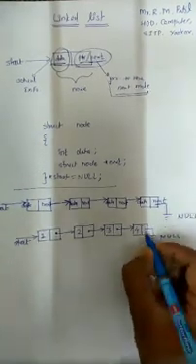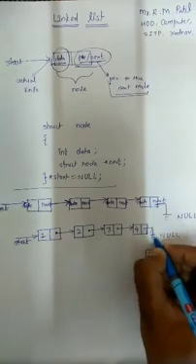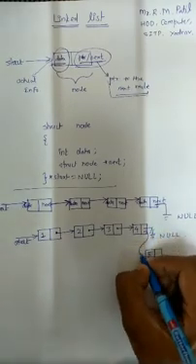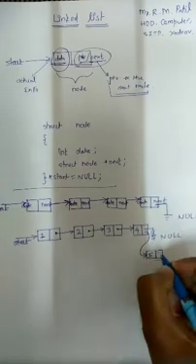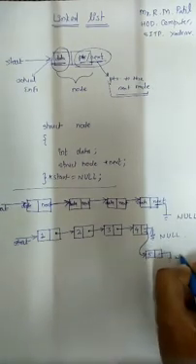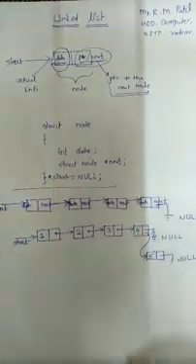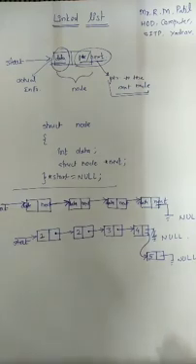In that case, we can directly remove the null from here. We can store the address of the fifth node into the fourth node, and finally we can consider it as null. It means that we can add elements into the linked list, we can delete elements, n number of operations we can perform with the linked list.